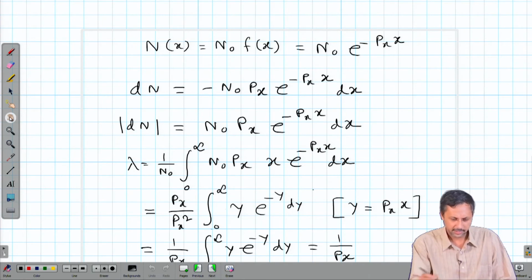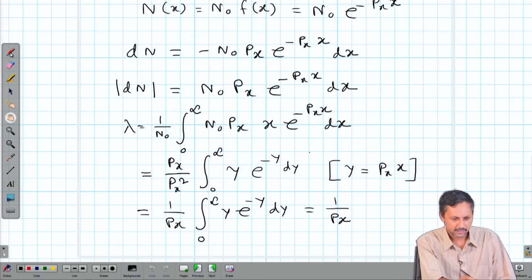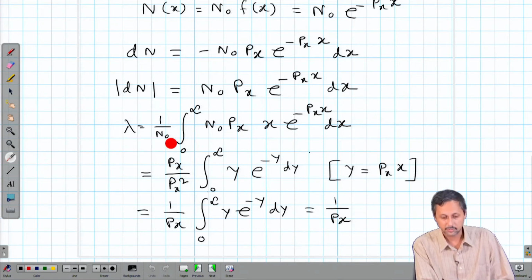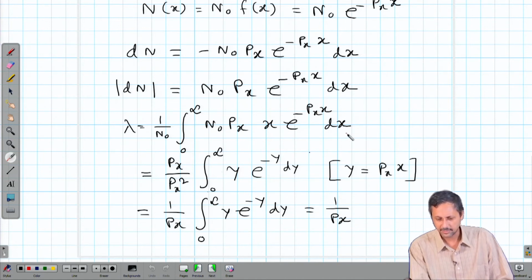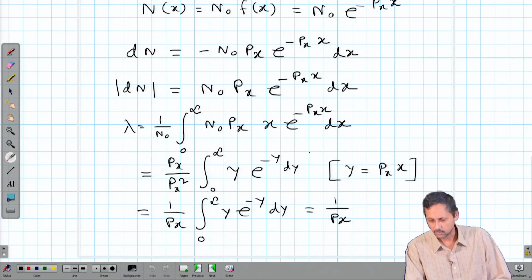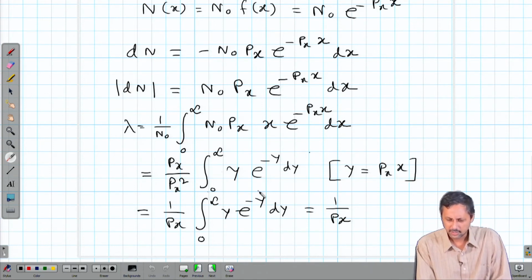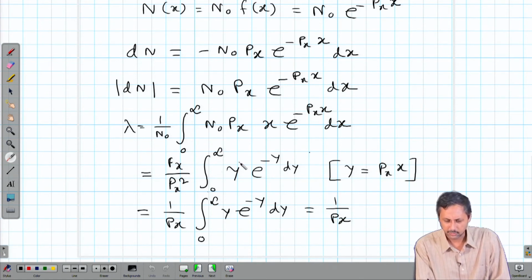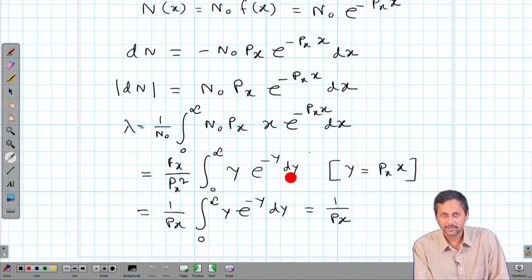We simply plug it in here and we get lambda is equal to 1 over n0, integral 0 to infinity of n0 p_x x e to the power minus p_x x dx. Substitute y is equal to p_x x and you will find out that this simplifies to p_x by p_x square, integration 0 to infinity y e to the power minus y dy, right.